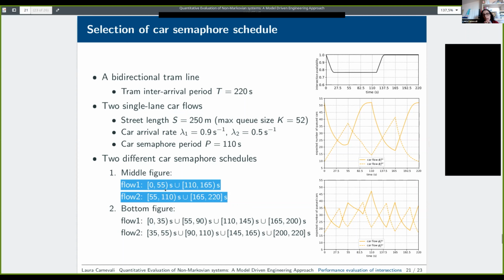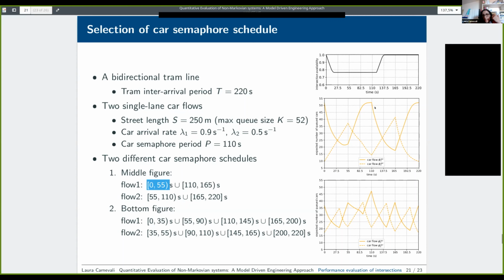So in particular, the two car flows have in principle the same duration of green and red intervals. And of course, except for when the tram arrives, in those cases, the car semaphores are turned red. And so in this case, the duration of the green intervals, and so also of the red intervals, is quite long, slightly less than 1 minute.